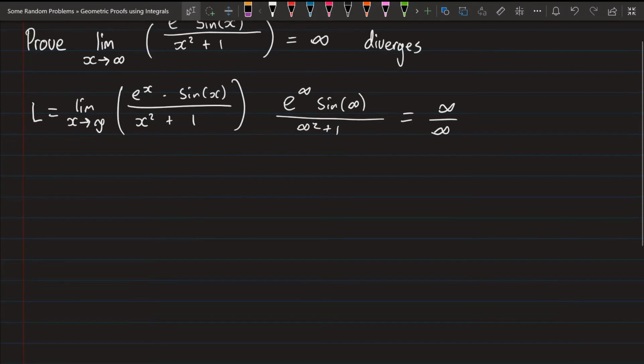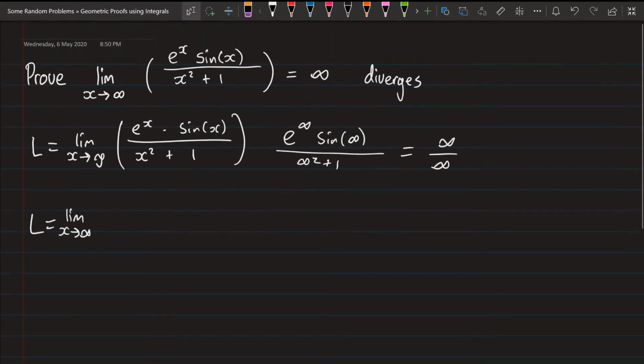So we take the derivatives of both the bottom and the top, the numerator and the denominator, and we pop them in our limit. So evaluating the derivative of the numerator, we get our top numerator back, but because we have to apply the product rule, we also get e to the x cosine x.